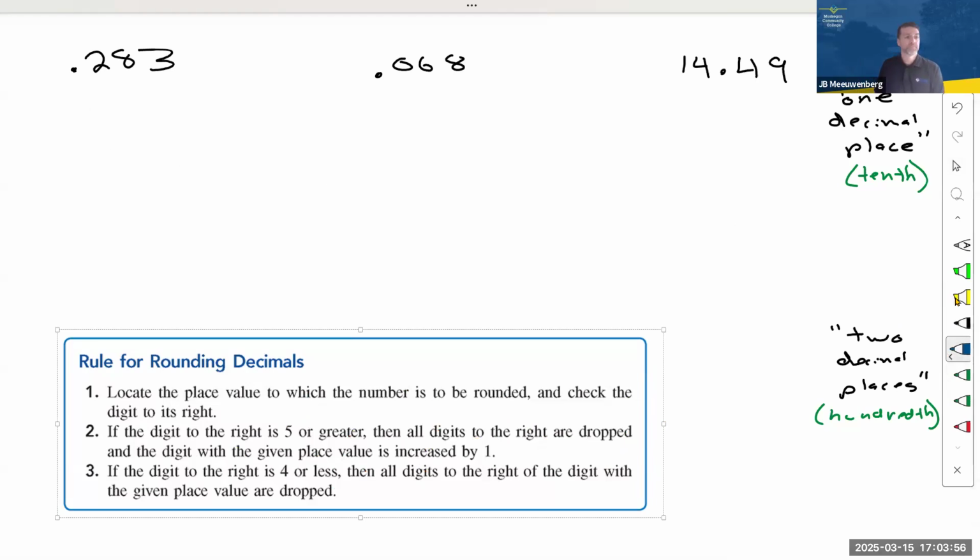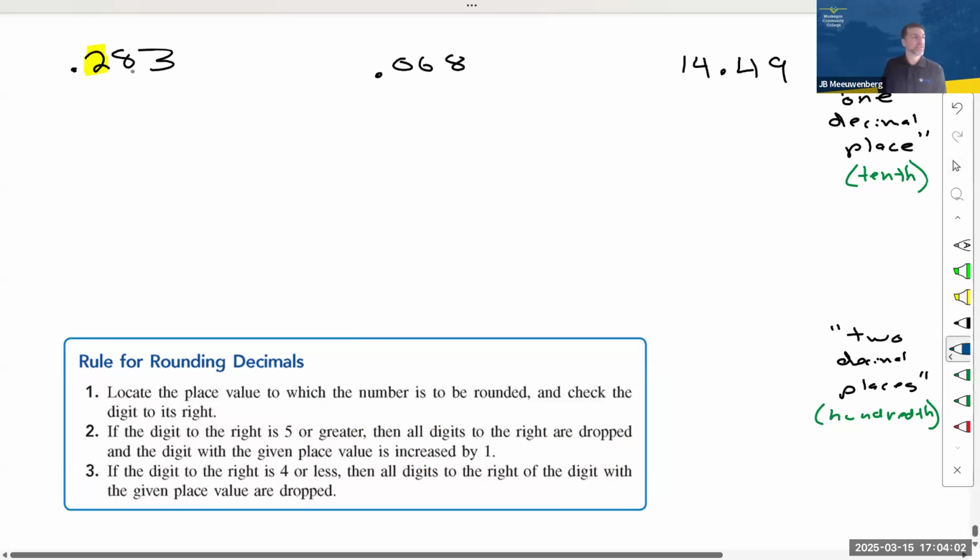So 1 decimal place is the 2. I look to the digit to the right. It is 5 or greater. So I'm going to drop all those digits, and I'm going to add 1 to the 2 and make it a 3. 0.283 is close to 0.3.